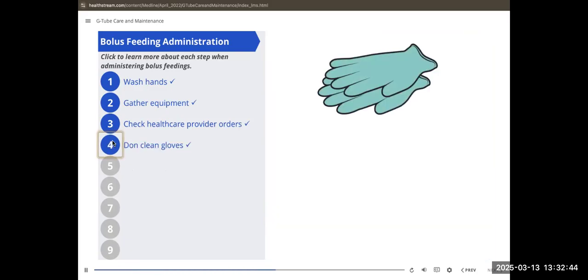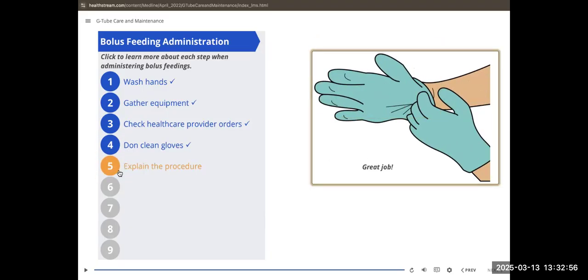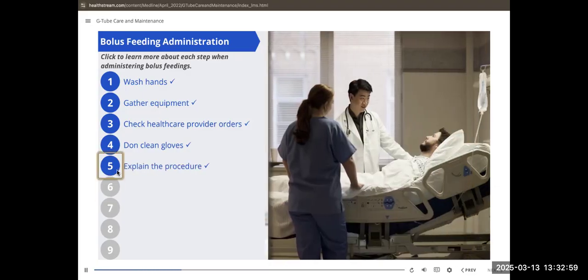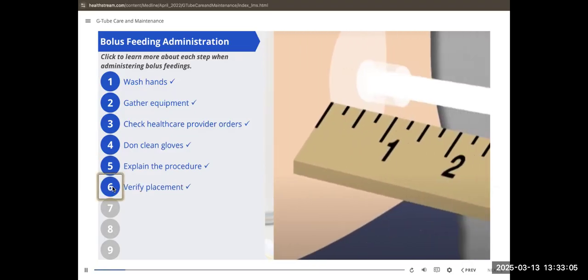Now, you need to don clean gloves. Be sure to explain the procedure to the patient. Verify placement.